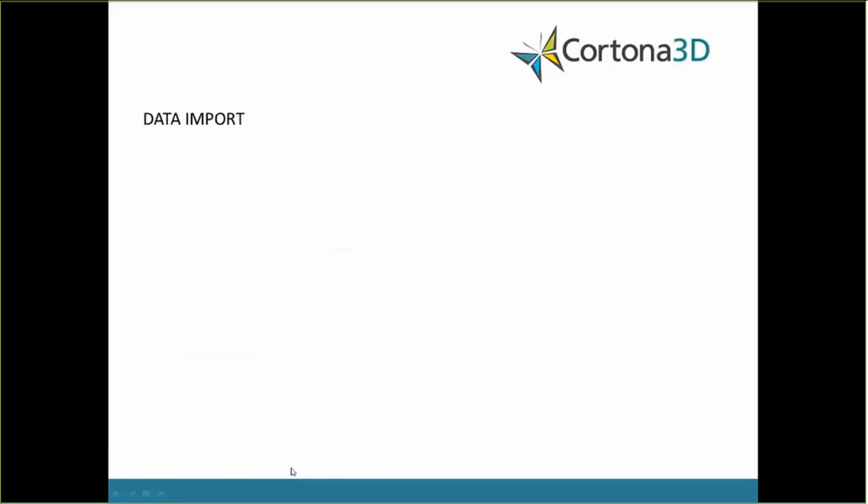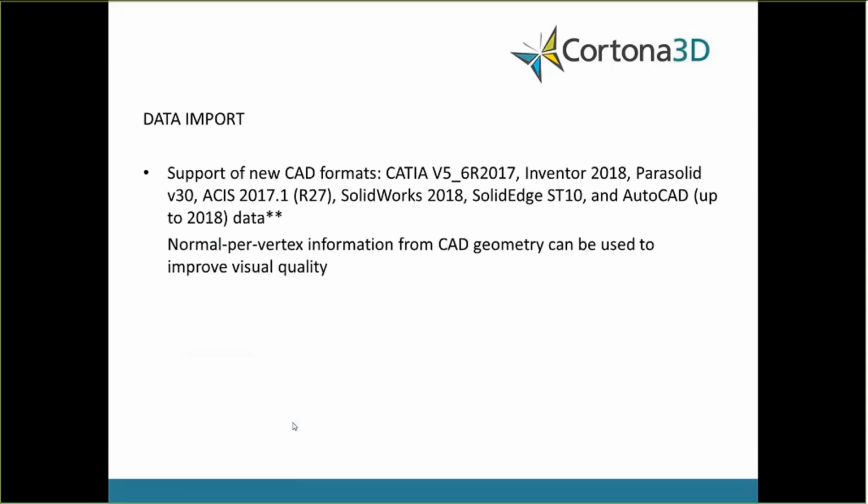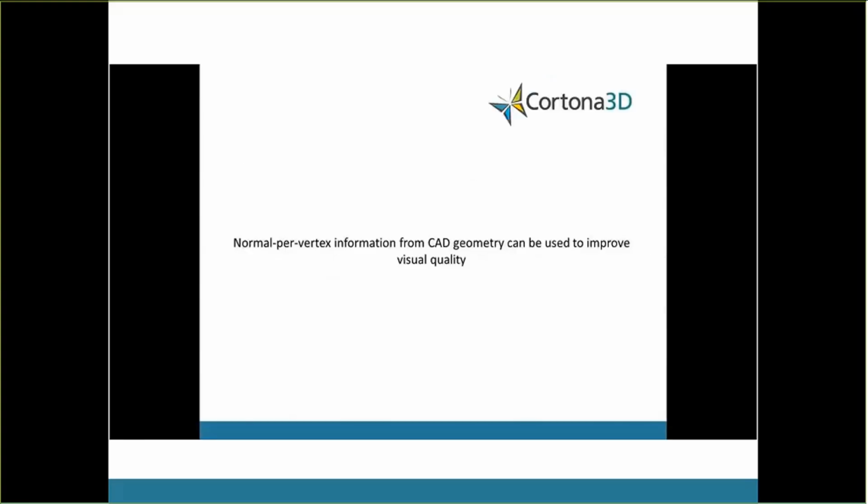Now we'll talk about the import process of the tools. First of all, we have introduced new supported CAD formats. You see them on your screen right now. Also, a new feature was added: import profiles can now read the normal information.